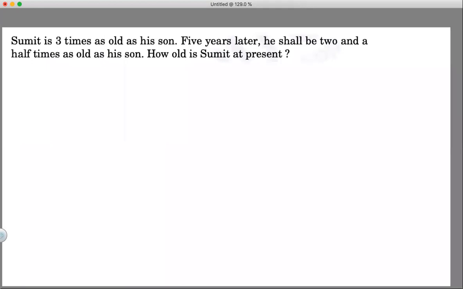So Sumit is 3 times as old as his son. 5 years later, he shall be 2.5 times as old as his son. How old is Sumit at present? Okay, so Sumit and son, right?